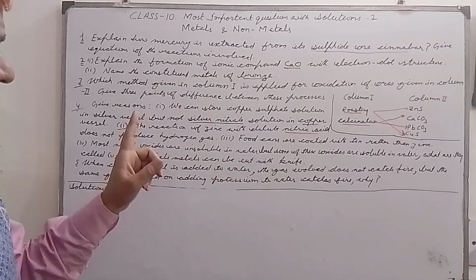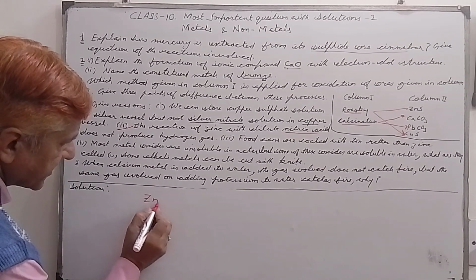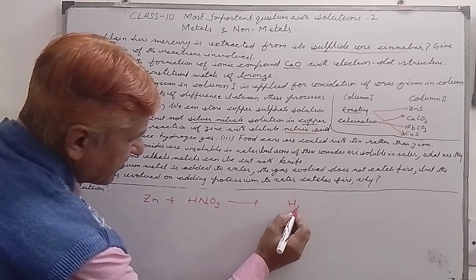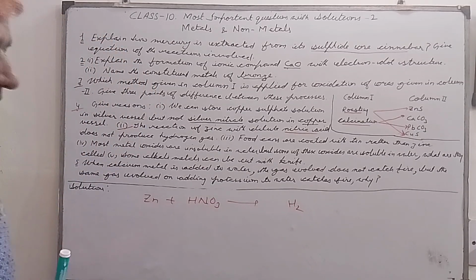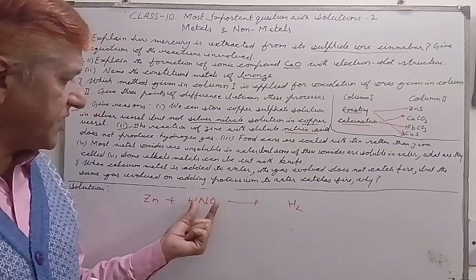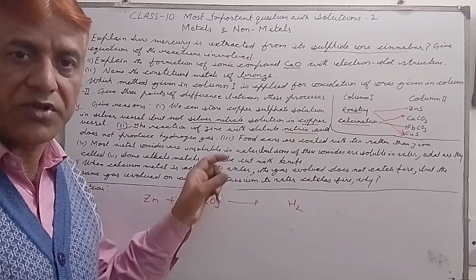So what happens in this case when zinc reacts with nitric acid? Hydrogen gas will be produced, but as soon as it is produced, nitric acid will also give oxygen.